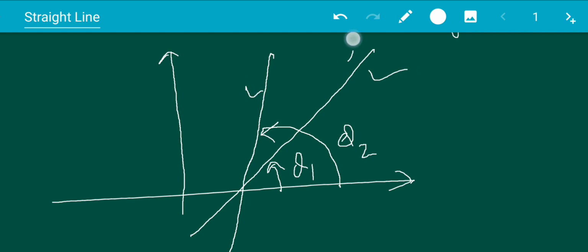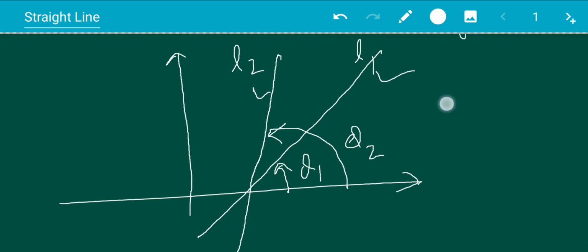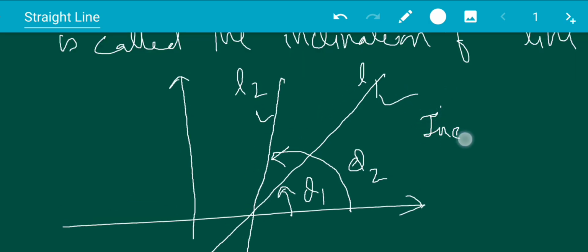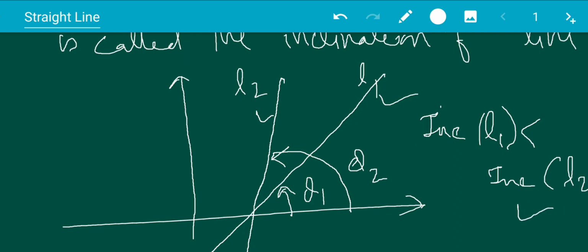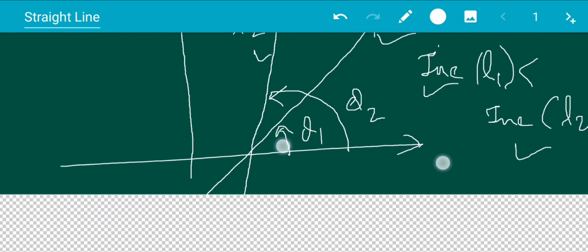Okay, so if this is L1 and L2, then the inclination of L1 is certainly less than the inclination of L2. So the slope of L2 is more than the slope of L1. So how to define the slope?